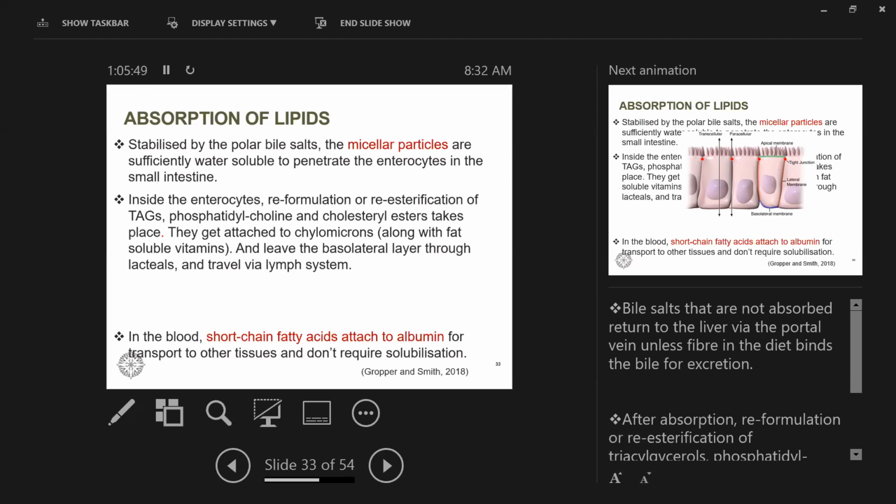So in the intestine, the body again tries to reform them to their natural form. And this stands true for all other nutrients as well. So when it is getting confusing, remember, the body tries to go back to the natural form. So inside the enterocytes, re-esterification and reformulation of triglycerides is happening.